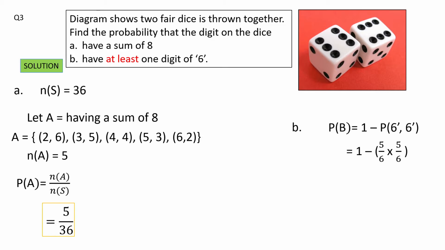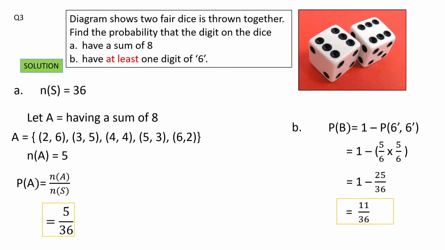The probability will be 5 over 6. So probability of not getting 6 equals 5 over 6 times, again not getting digit 6, which is 5 over 6. So multiply these values and simplify to get the probability that the dice have at least one digit of 6.